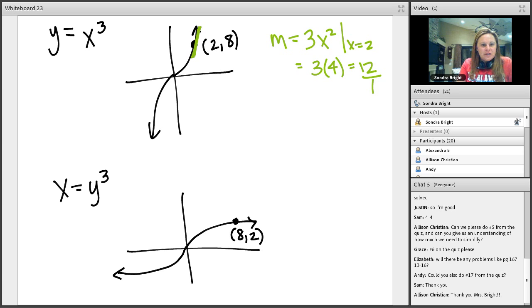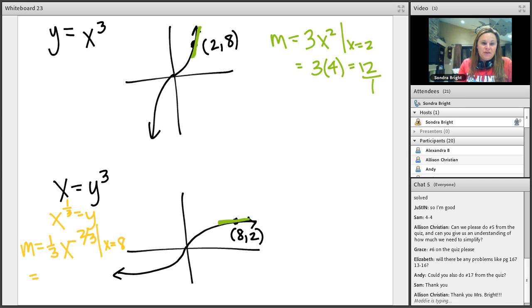And now you've got a slope like that. x to the 1/3 would be y, and so your slope would be 1/3 x to the negative 2/3, evaluated when x is 8.